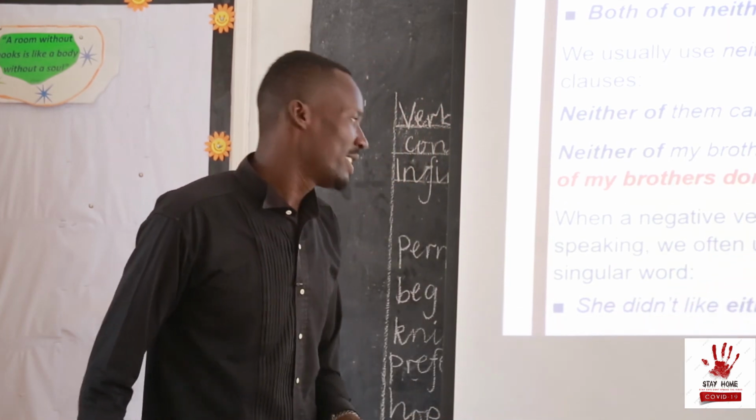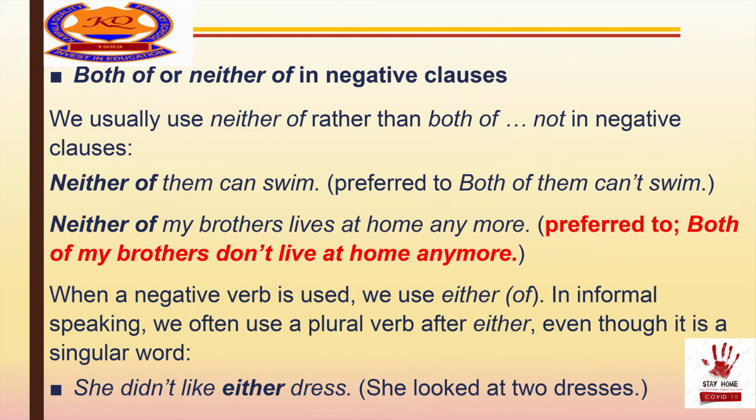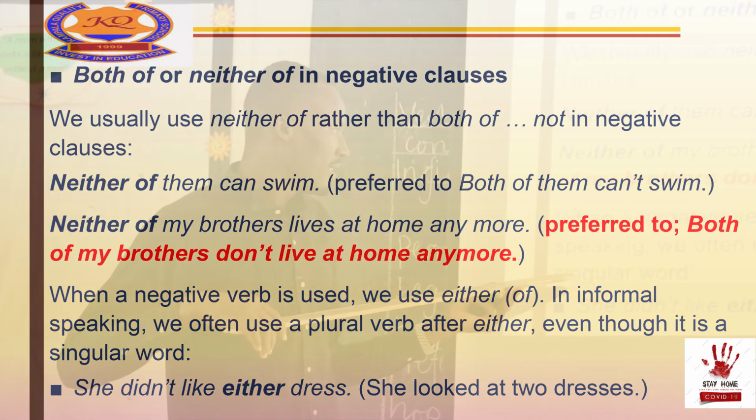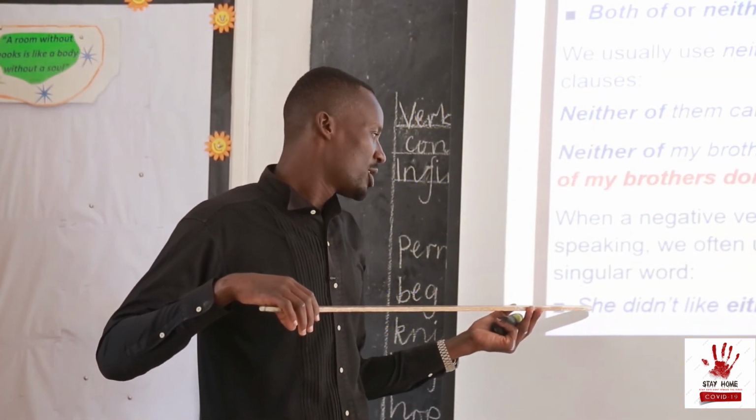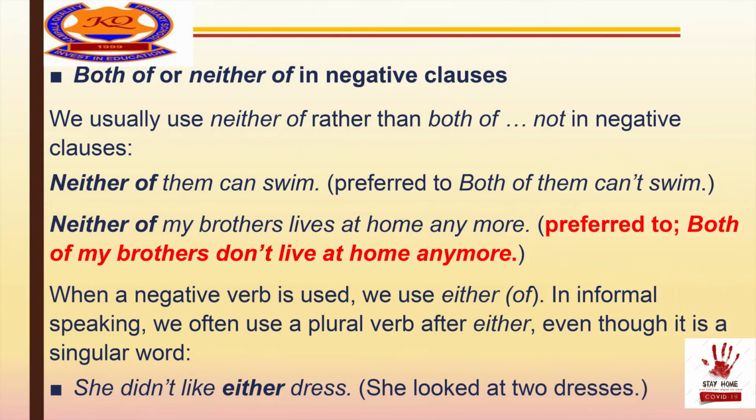Have you understood that, friends? When a negative verb is used, we use either of. Let us see this. She didn't like either dress.